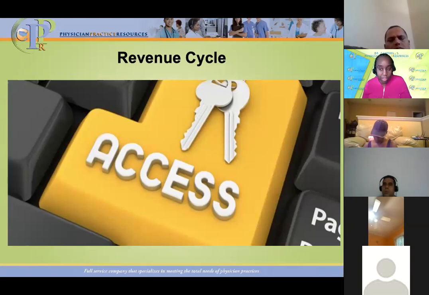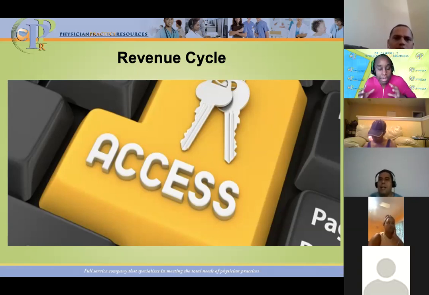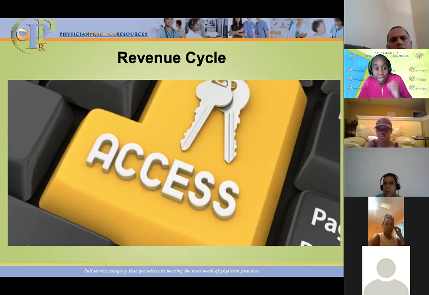Whether it is the physician office or the hospital, that patient access department is where our revenue cycle process begins. When that patient is at that registration department, what is some of the data that we begin to collect? We talked about this last week, but what's some of that data that we collect?